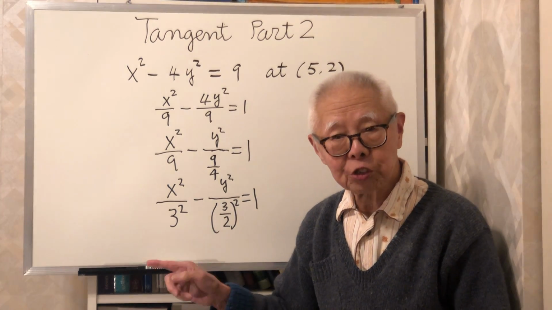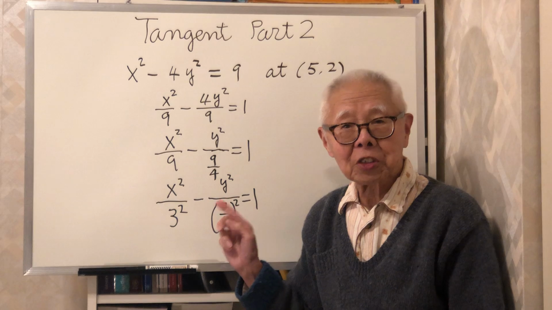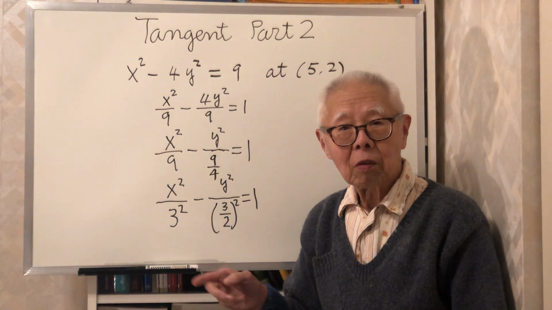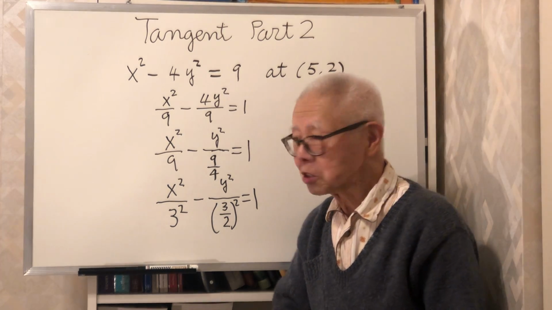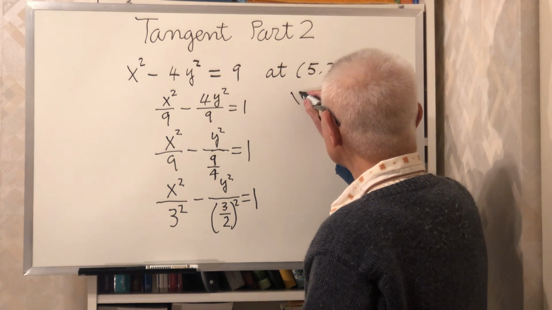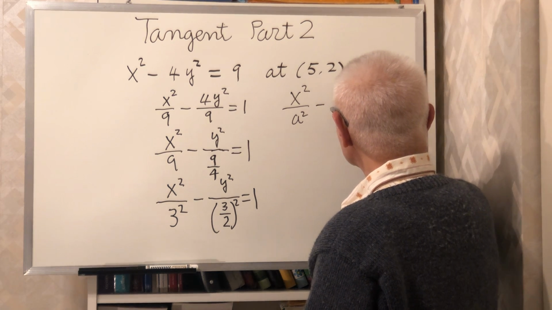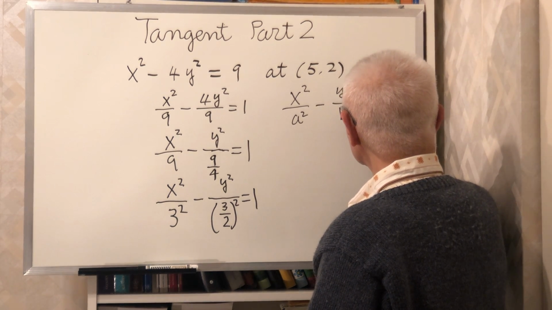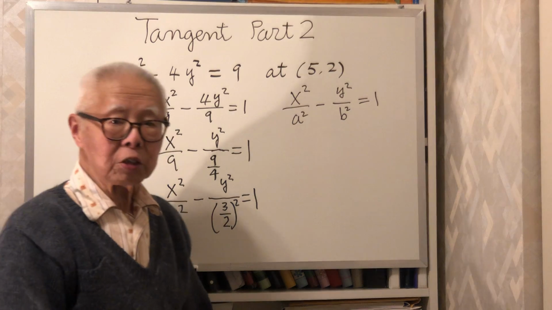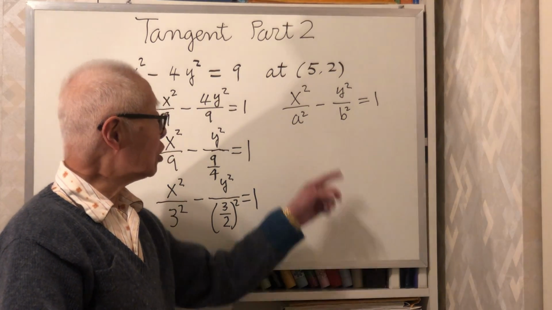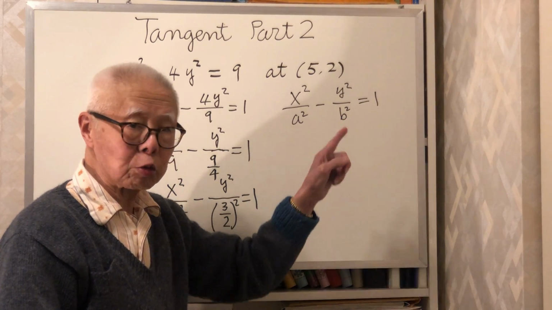So why do I need to rewrite the given function in this way? Because this is a standard form for a hyperbola. The standard form of a hyperbola is this: x squared over a squared minus y squared over b squared equals 1.